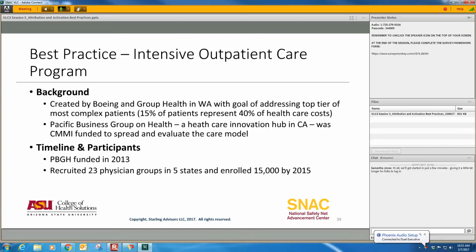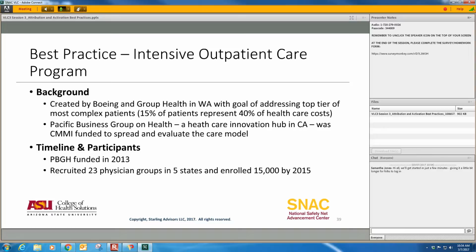One case study and best practice we wanted to highlight is the Intensive Outpatient Care Program, which is a program here on the West Coast, in Washington, Oregon, and California, that focused on patient activation, engagement, and care for some really significant results.